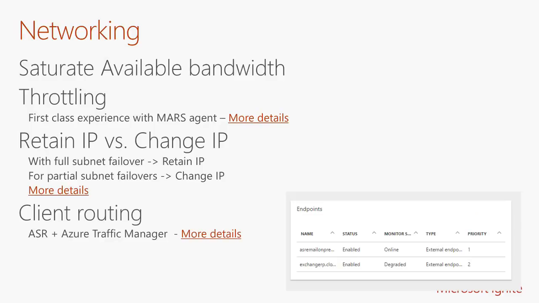Another capability using some of the other Azure services, such as Traffic Manager, if you have externally published websites, you can use Azure Traffic Manager so that when you migrate your workload across to Azure, you don't need to go in and update your external DNS entries. You redirect all of that traffic into Traffic Manager well before you do your migration. And then the Traffic Manager can be configured as a failover option.